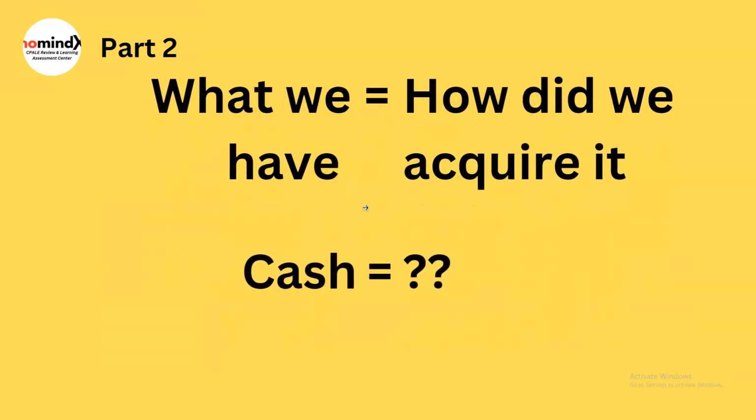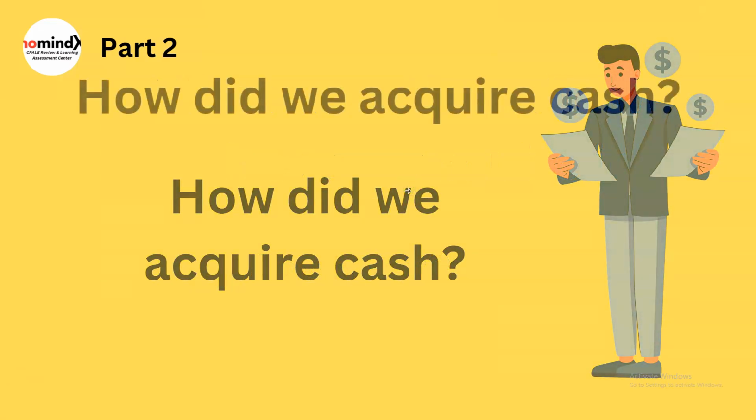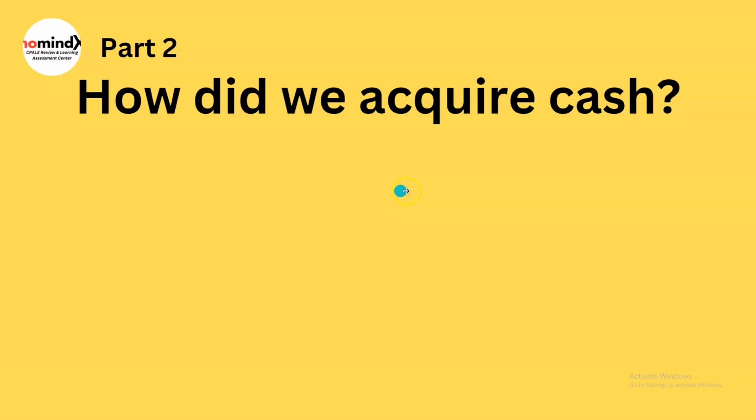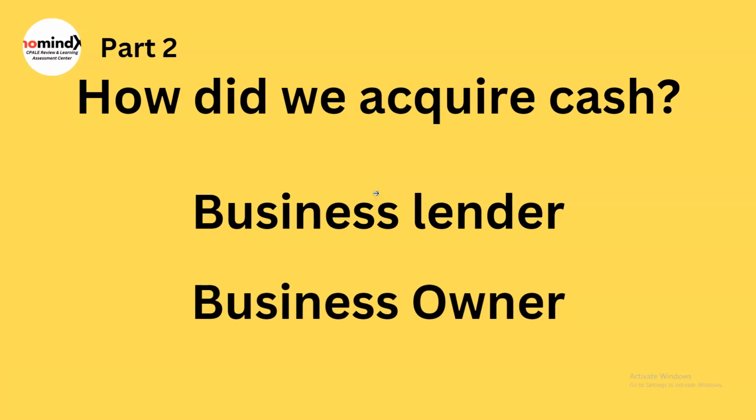So for instance, we have cash, which is to be positioned under the debit side, and on the right side, it raises the question of how we acquired the cash. Now, there are two ways of acquiring cash. First, it could come from the business lender, and second, it could come from the business owner.